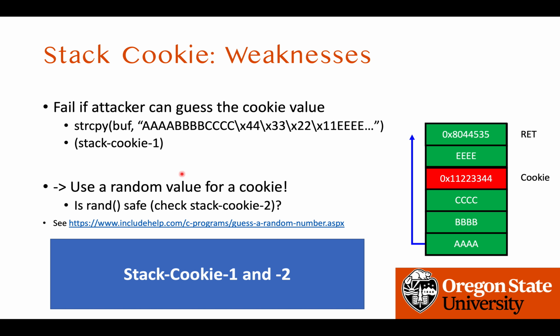It will use the rand function to generate a random stack cookie value, but you can guess the value returned by the rand function. Please guess that value and match the stack cookie to exploit the stack overflow vulnerability and change the return address. But make sure that you do not modify the cookie value. You need to overwrite it with the same random value used by the stack cookie.